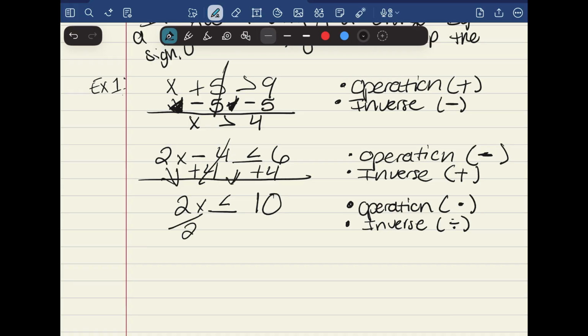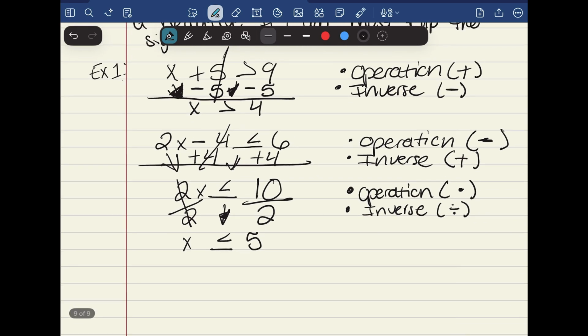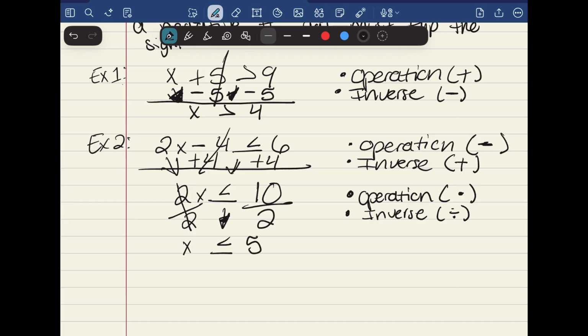Left over on the left-hand side is x. Bring down my sign. So I have less than or equal to. Whatever I do to one side, you see how I divided by 2 there? I have to do to the other. 10 divided by 2, I know is 5 because 5 times 2 equals 10. That's it. Do not overthink it. That was example 2 of inequalities.